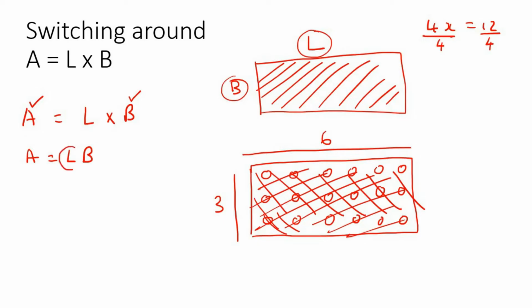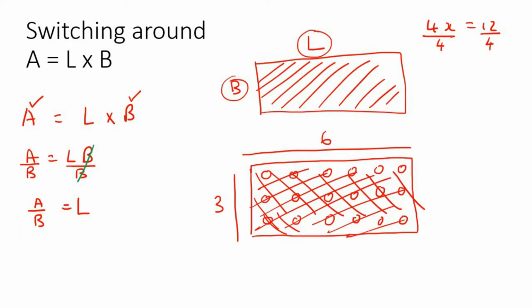So to get this L by itself, you would divide by B, but what you do on the left, you do on the right, and over here, the B's would cancel. And then you end up with A over B.